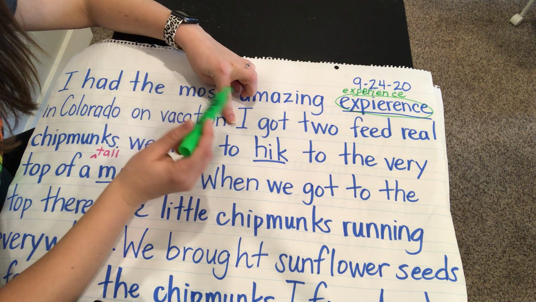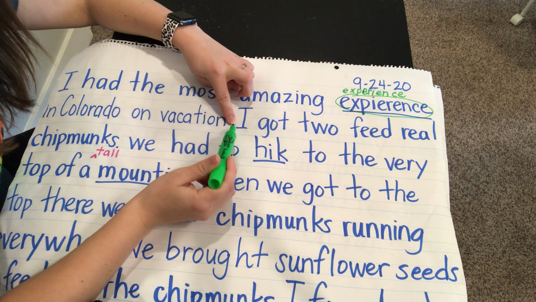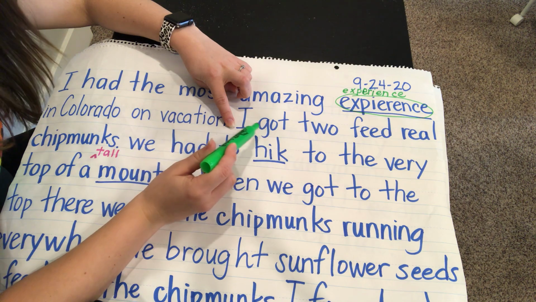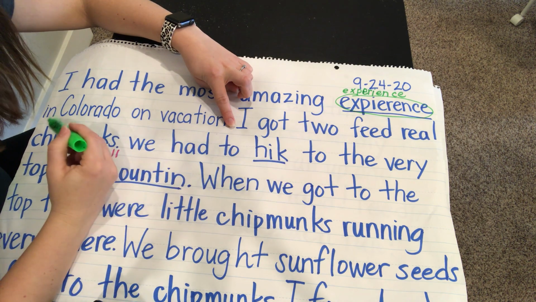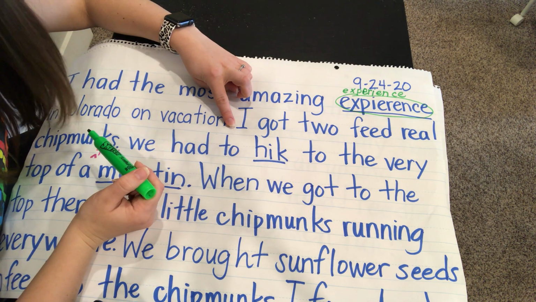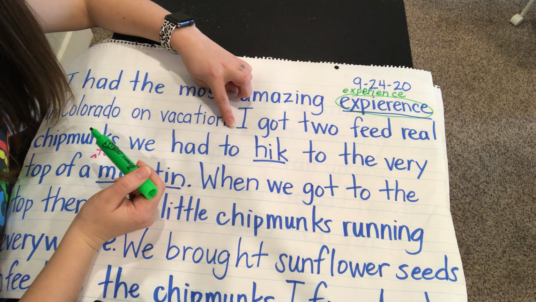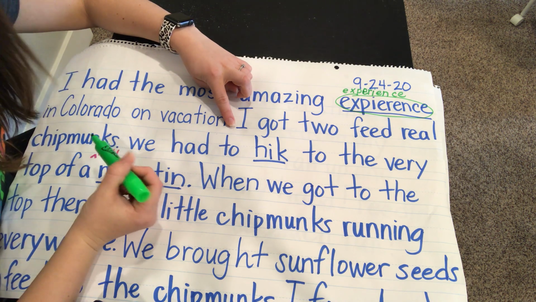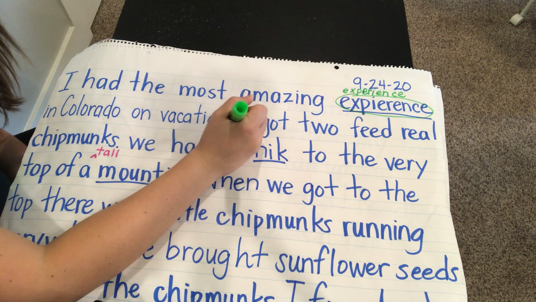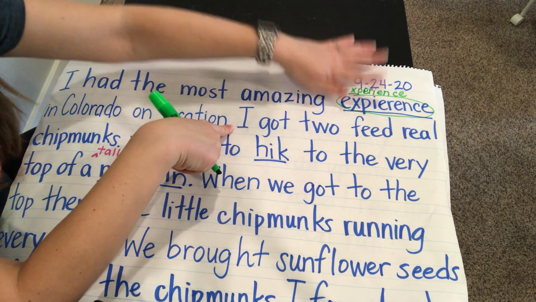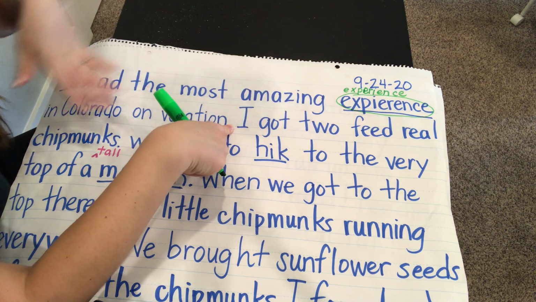Okay, so I had the most amazing experience in Colorado on vacation, period. I got to feed real chipmunks. Does that next sentence make sense? I got to feed real chipmunks? Yes. So if I put a period here, it would make sense. This whole sentence would make sense, and then the next sentence would make sense.